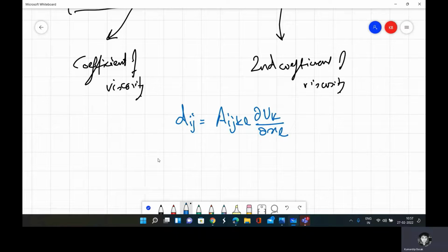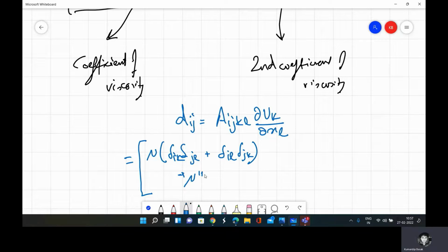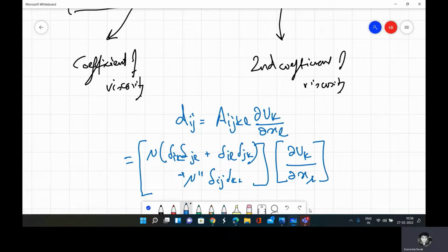We write again the Aijkl in this format, that mu (delta ik delta jl plus delta il delta jk) plus mu double prime delta ij delta kl, whole into dou uk by dou xl.